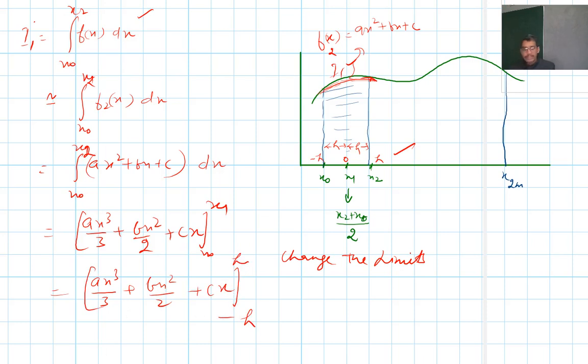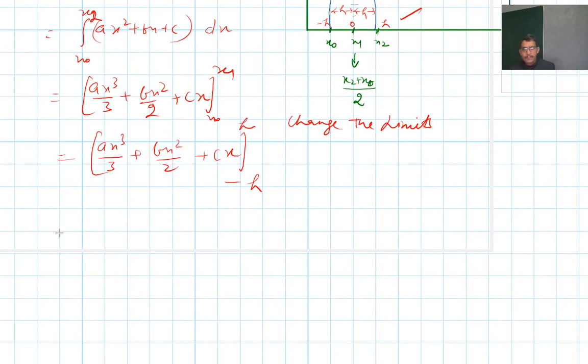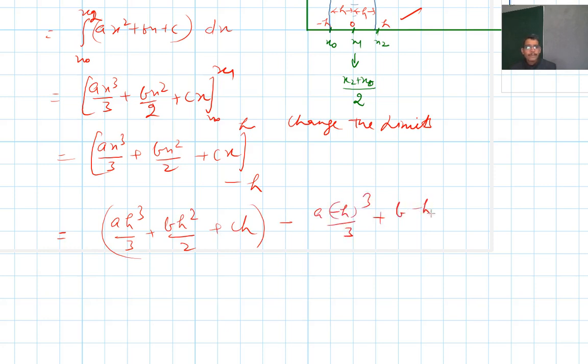So if I put these values here, what can I do? Upper limit is h, so ah cubed by 3 plus bh square by 2 plus ch, minus a(minus h) cubed by 3 plus b(minus h) square by 2 plus c(minus h). That's what we are getting.